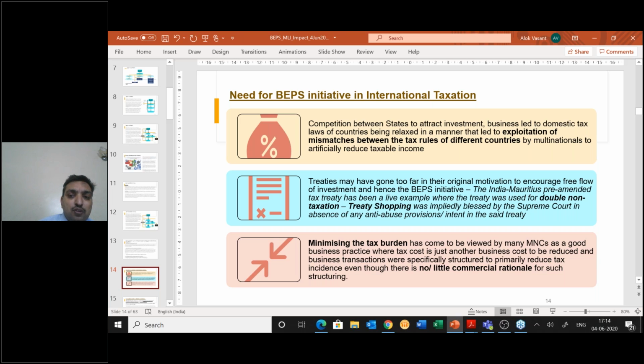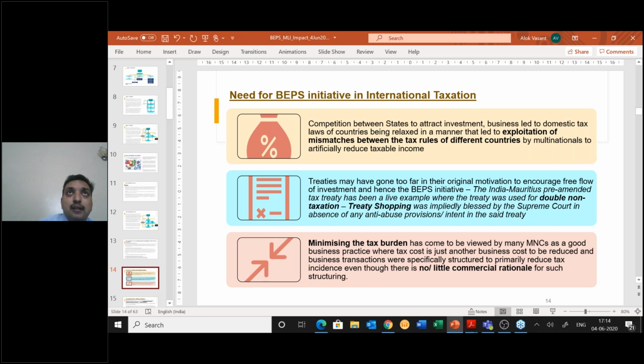And what also came to be understood by governments was that minimizing tax burden has come to be viewed by many multinationals as a good business practice, and they view tax cost as just another business cost which will be reduced come what may.